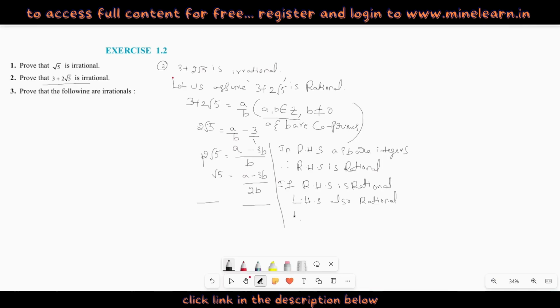But we know that root 5 is irrational. So our assumption that we assumed is a contradiction, means it is wrong.